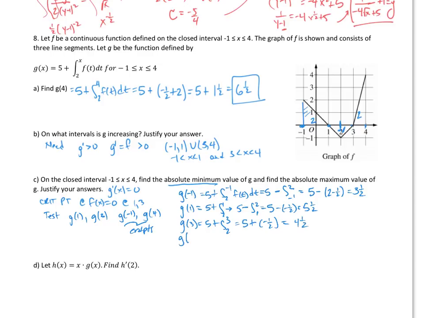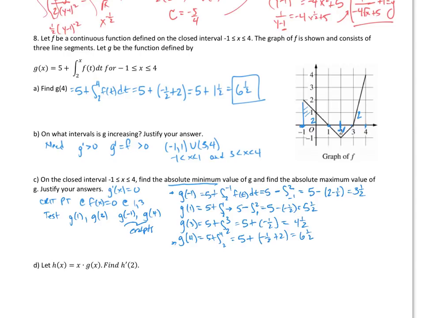Okay, so now we need g of 4, because these were the endpoints here. And let's go ahead and test this one. We get 5 plus the integral from 2 to 4, and this becomes 5 plus, now from 2 to 4, we end up with -1/2 plus the 2, and that'll give me 6.5.